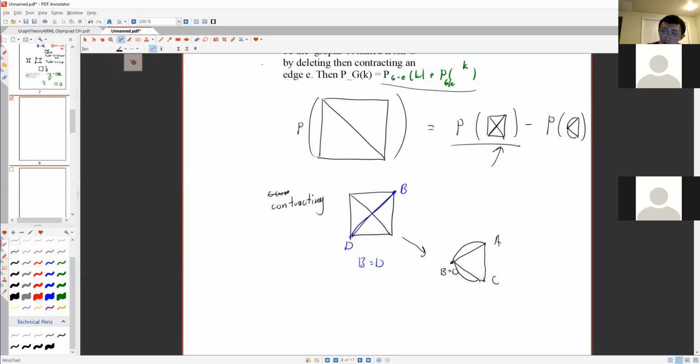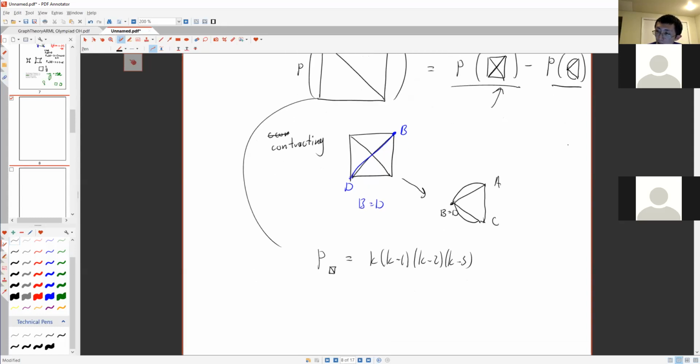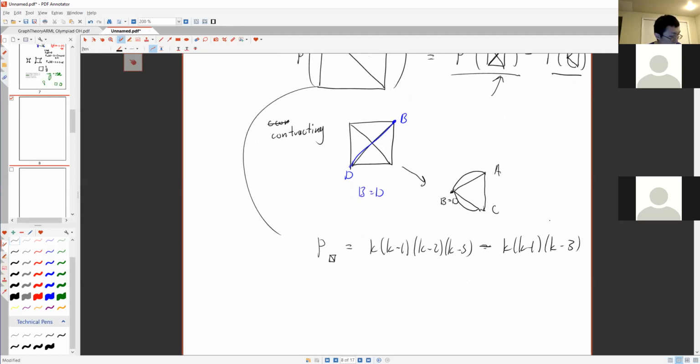For K4, it's just K, K minus 1, K minus 2, K minus 3. And for this missing thing, it's the same as K3, the complete graph on 3 vertices, except you have some double edges which don't affect the chromatic polynomial.